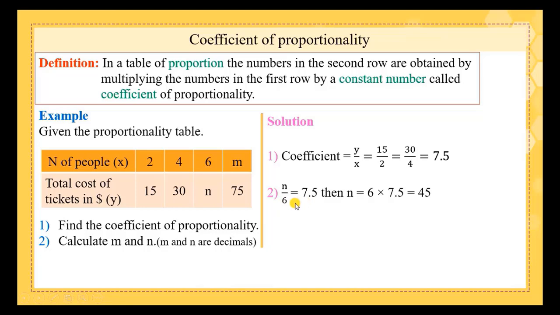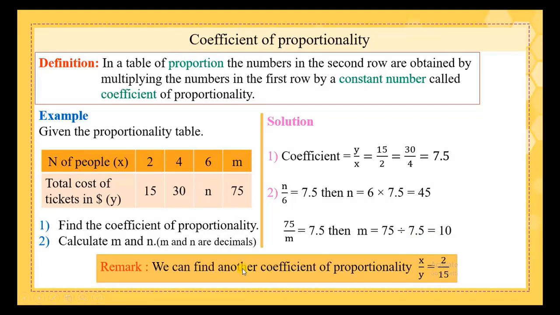By solving this equation, we get n equals 6 times 7.5 equals 45. And to find m, use the fourth ratio: 75 over m is also equal to the coefficient. Then by solving this equation, we get m equals 75 divided by 7.5 equals 10.